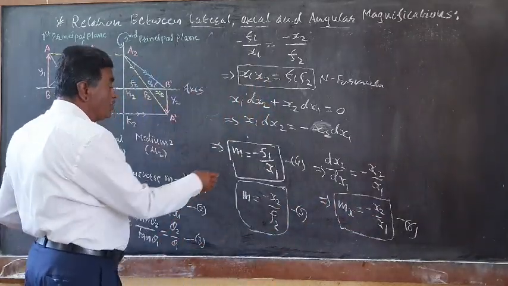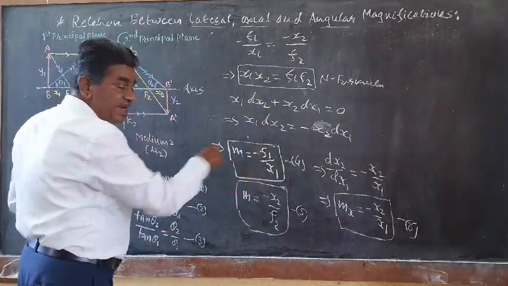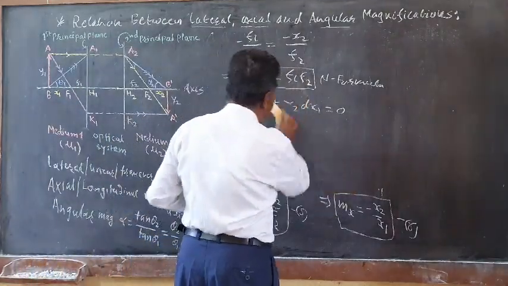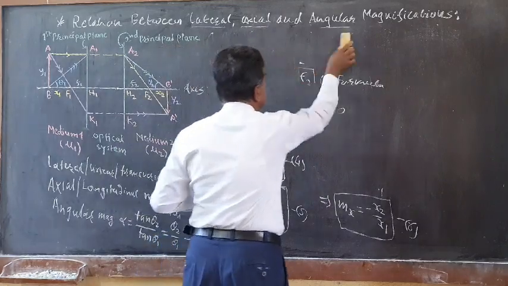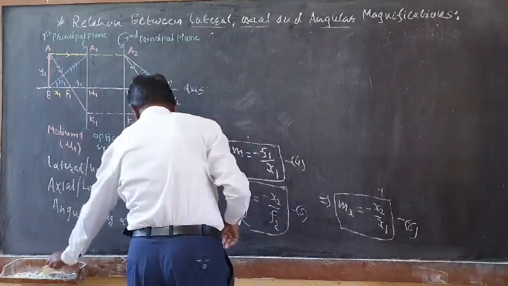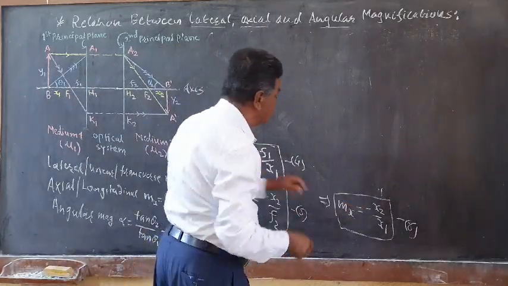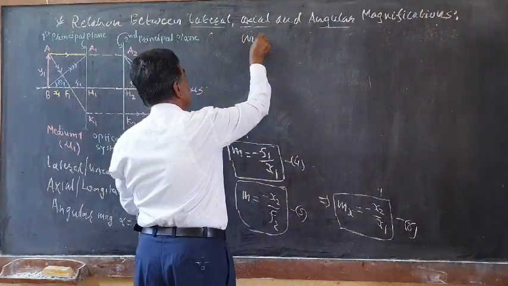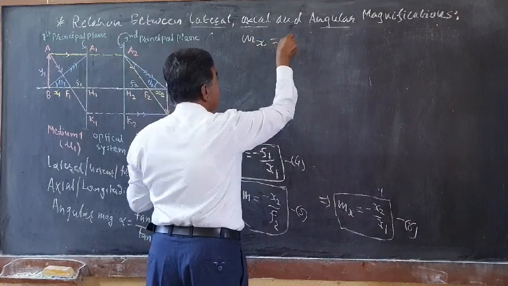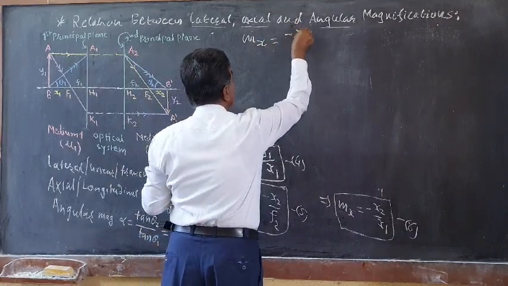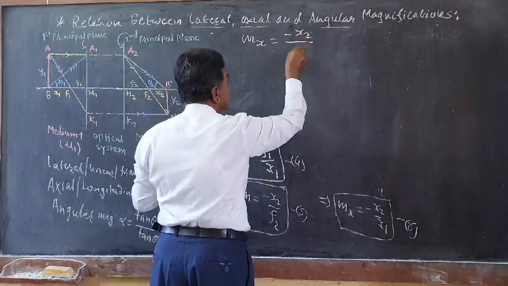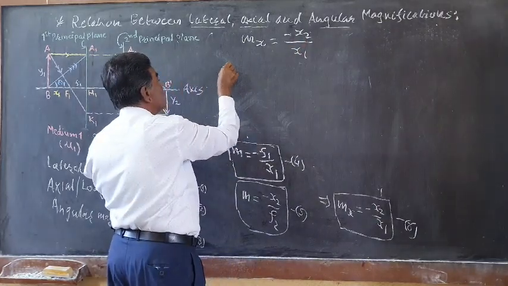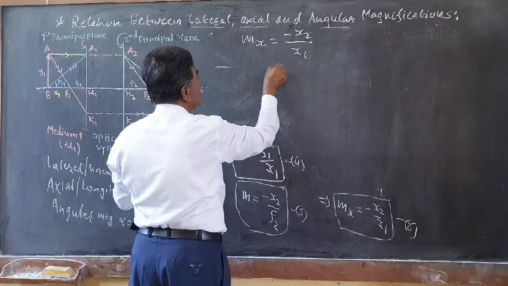Now we will find out the relationship between m and mx, and for that consider again this equation. mx, the axial magnification, will be equal to minus x2 divided by x1.